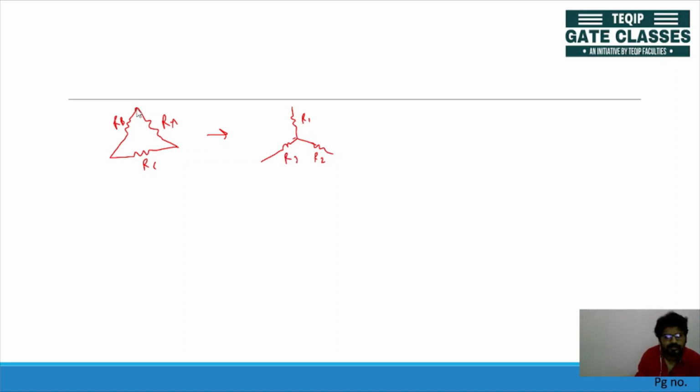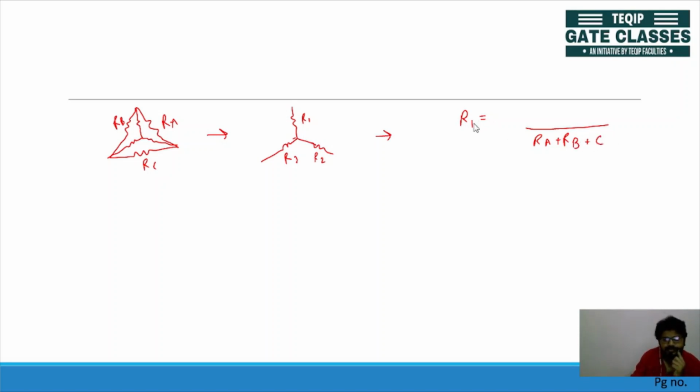You can draw it here also. Okay, R1, R2, R3. So we are simply writing the values. Value of R1 will be equal to, if we are converting delta to star, the denominator will be the same, and what is the denominator? The sum of all delta branches, that is RA plus RB plus RC.